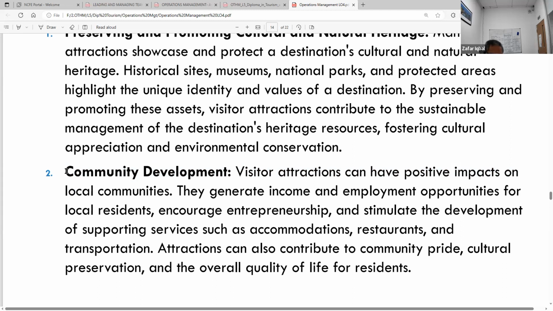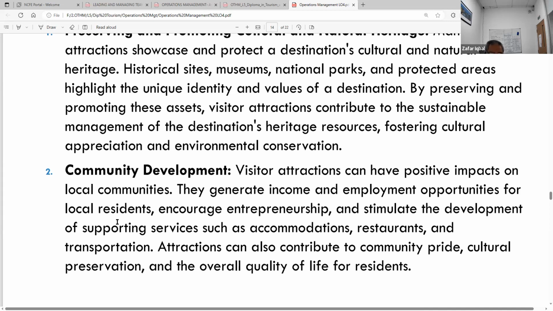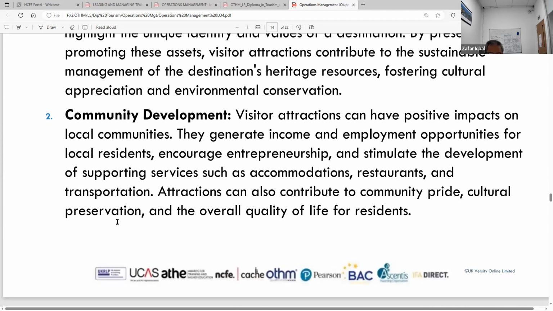So people don't go to these places when it's cold. So it's very important that these places remain open, and because they are seasonal, therefore we must make sure that they are sustainable as well.